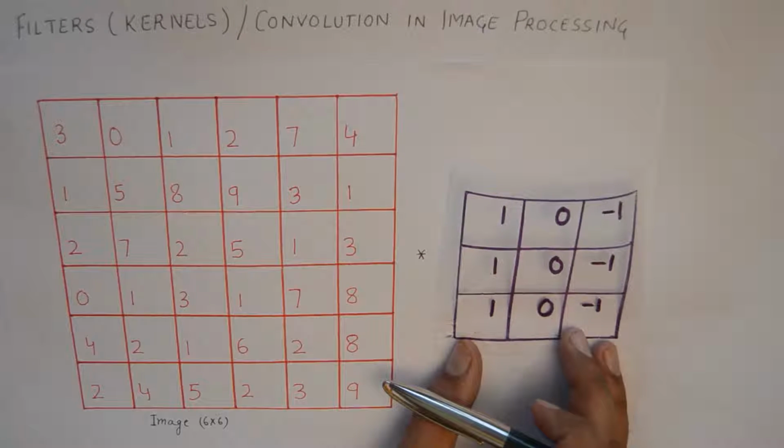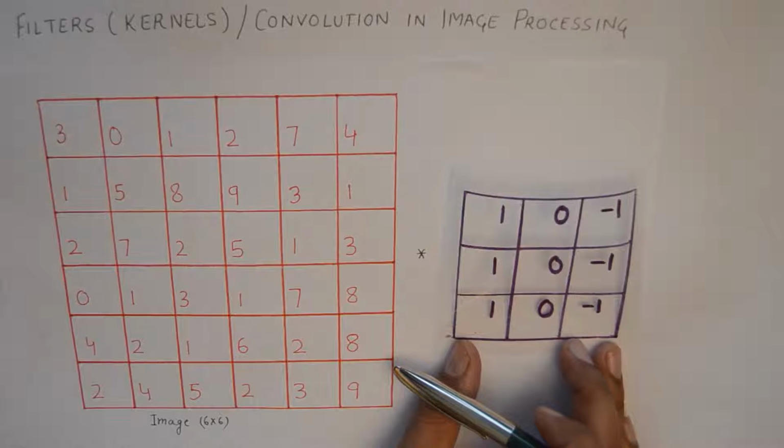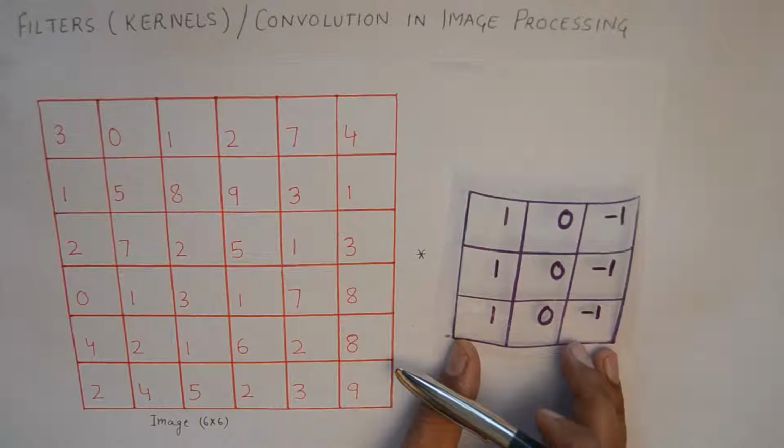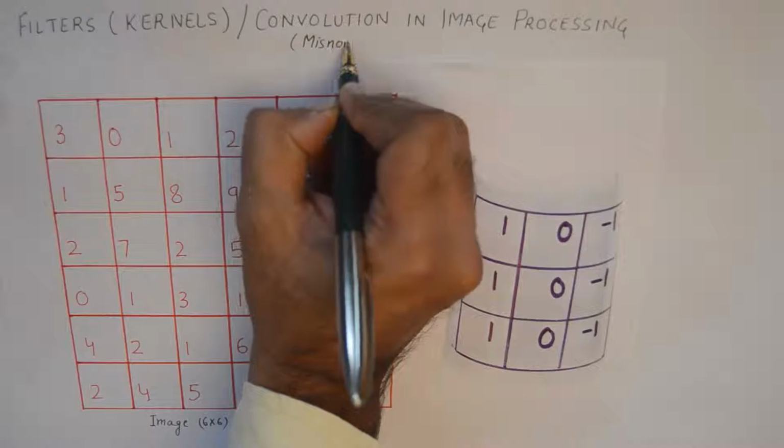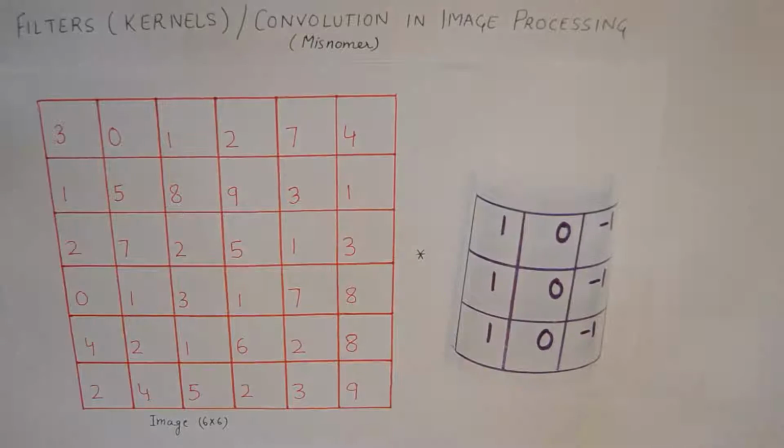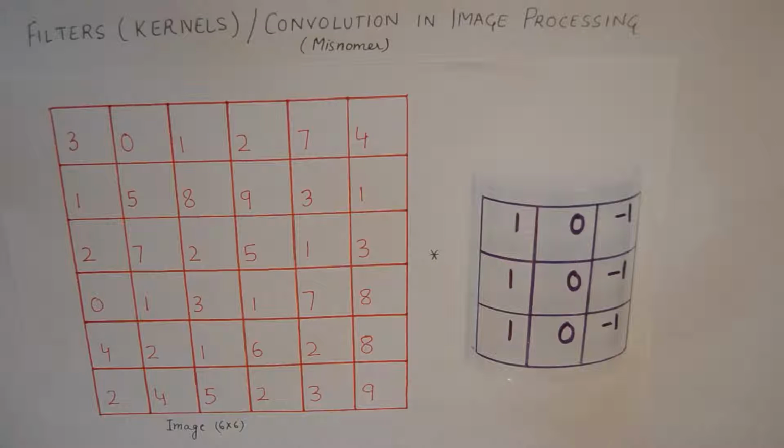In order to do convolution, and at times this is also known as cross correlation. Please understand, convolution is a misnomer in this context.